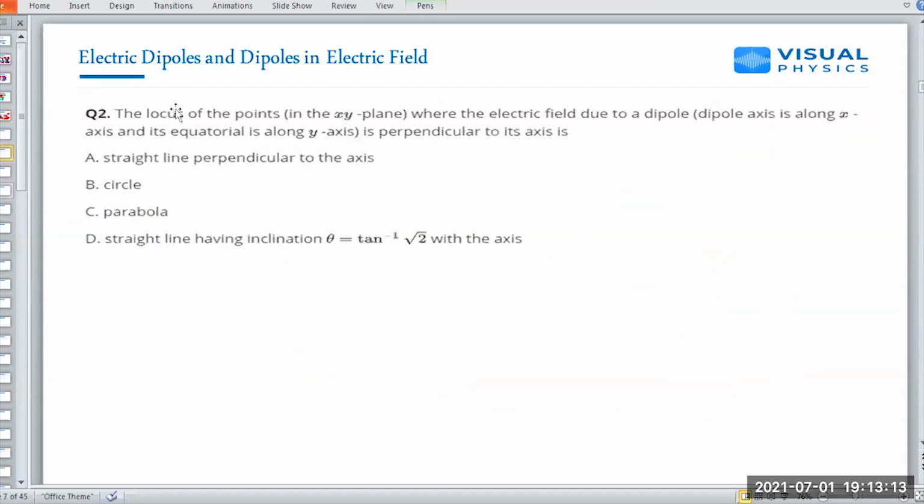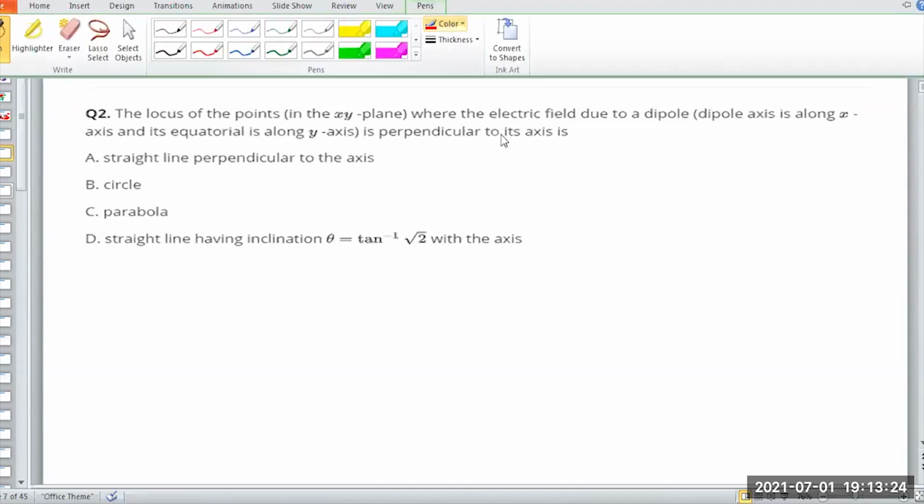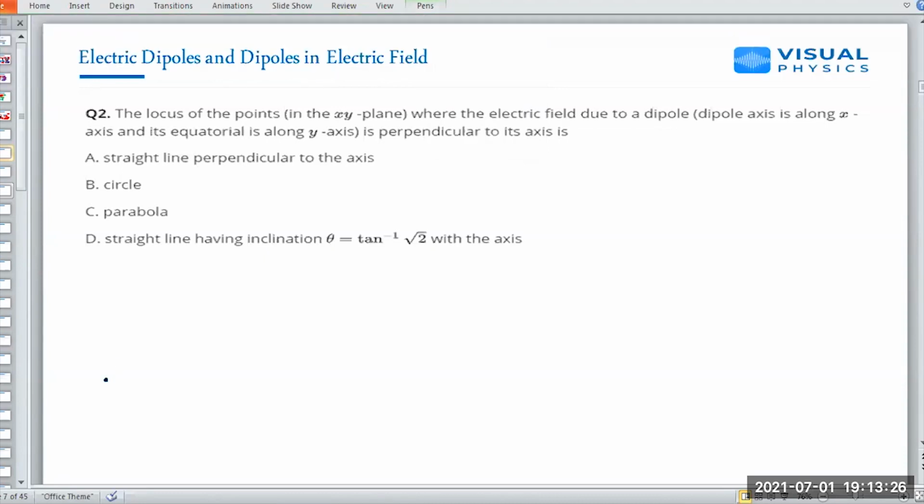This question is good. The locus of the point in the xy plane where the electric field due to a dipole is perpendicular to its axis. So you have to understand. I am given a dipole, plus and minus.